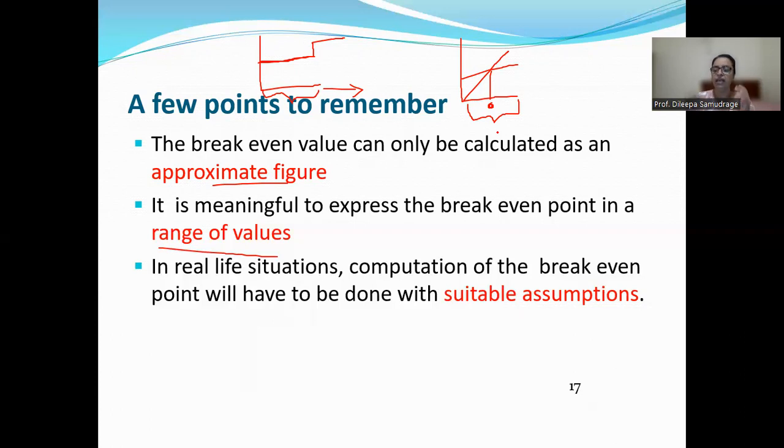You have to say, my break-even point is 200 units within the range of 0 to 500 units. Because beyond 500 units, your fixed cost may increase and you get another break-even point, right? So therefore, you have to express your break-even point using the range of values.